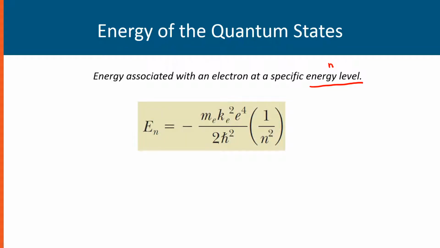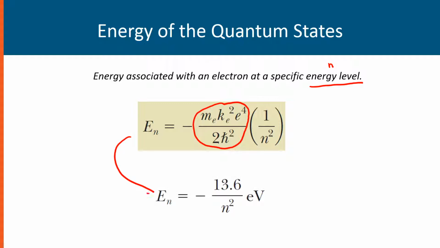It looks fancy, but all of these can actually be simplified with a constant. After all, these are constants, so we could express this particular equation as the energy associated at a certain energy level n is equal to negative 13.6 divided by n squared, and this is expressed in electron volts.